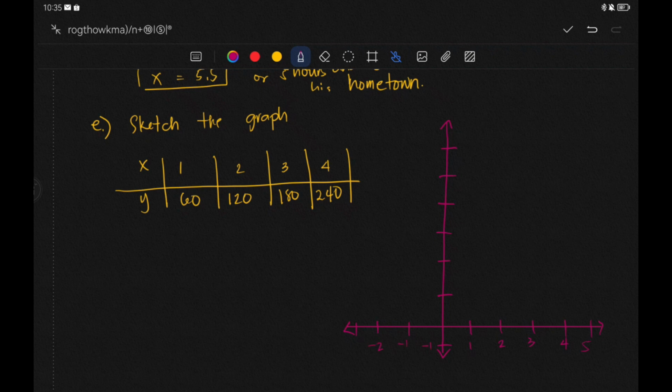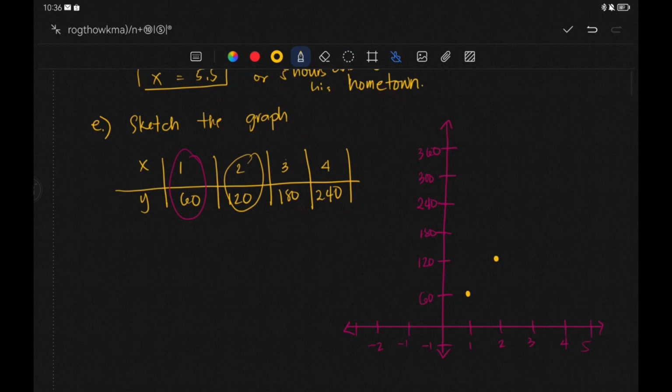Let's say our y values, we're going to use the multiples of 60: 60, 120, 180, 240, 300, and 360. Now, as you can see, the first one we have is 1 and 60. So 1 and 60 is here. The next is 2 and 120. 2 and 120 is here.